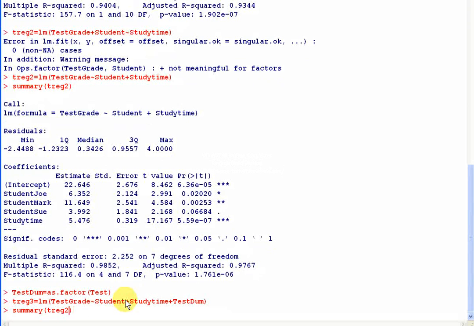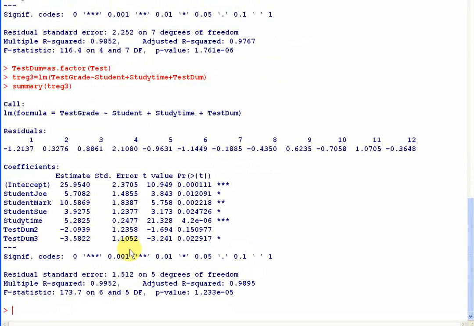So this is saying that the y-intercept we're estimating to be about 26. Joe is about 6 points better student than Antonio. Mark is about 10.5 points better. Sue is about 4 points better. And all these have a p-value less than 0.05 now.